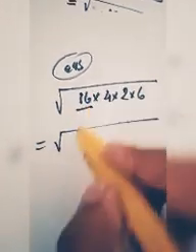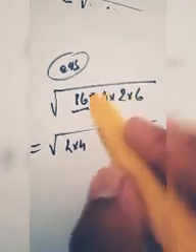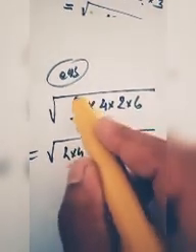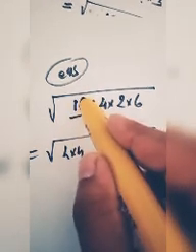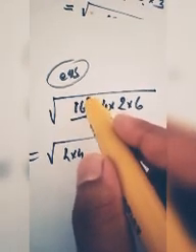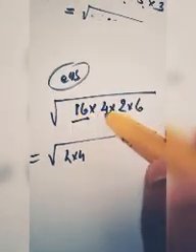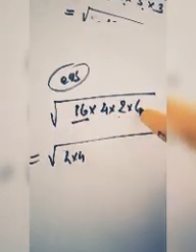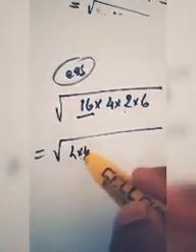Just write this 16 as 4 into 4. Why? Because there exists the presence of 4. So I tried to express this 16 in terms of 4 or 2 or 6. So I just wrote 16 as 4 into 4.